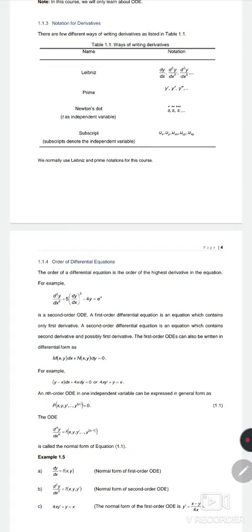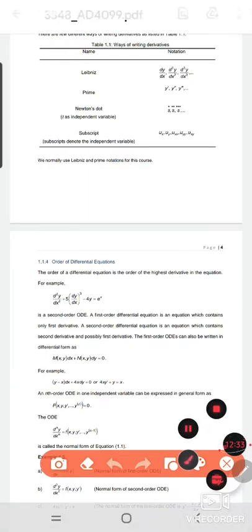Okay, then we also have Newton's dot. Okay, t as independent variable. So kalau yang ni, just kita nampak s kan, s adalah dependent variable. So dot maksud s ada dot satu ke atas, maksudnya dia differentiate untuk first derivative of s.